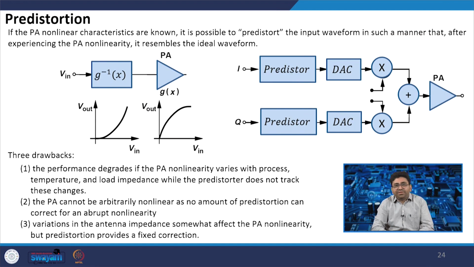Another method is pre-distortion. This is a widely used method because here we simply know we have designed a power amplifier, and we know how much non-linearity it is adding. So, we can plot this V out by V in curve.